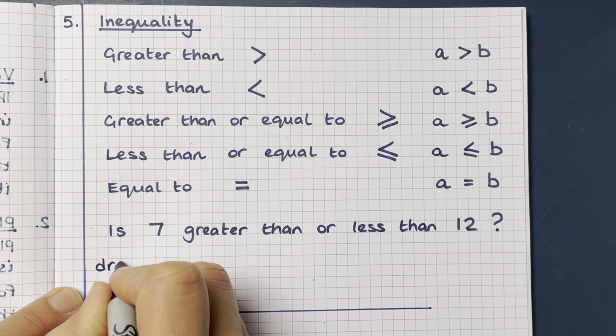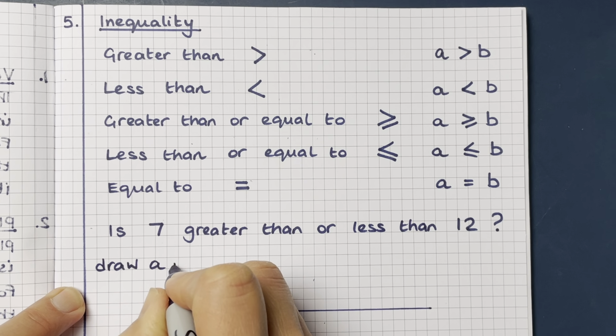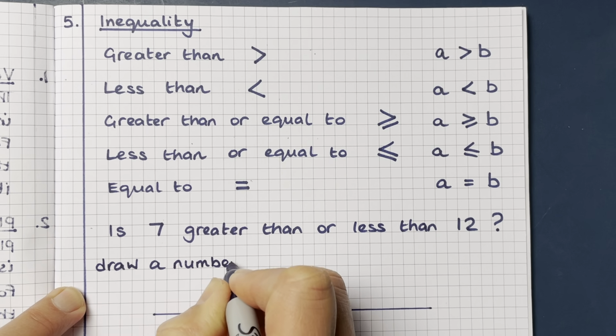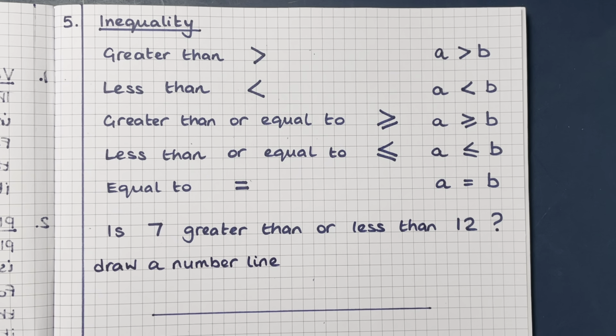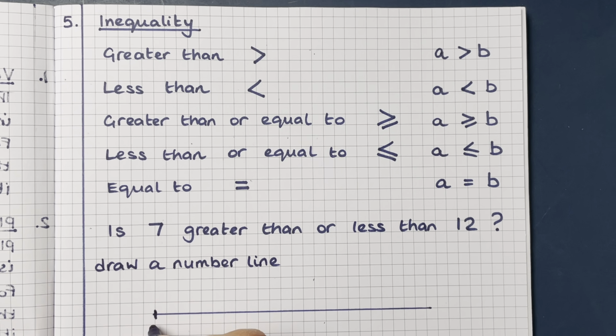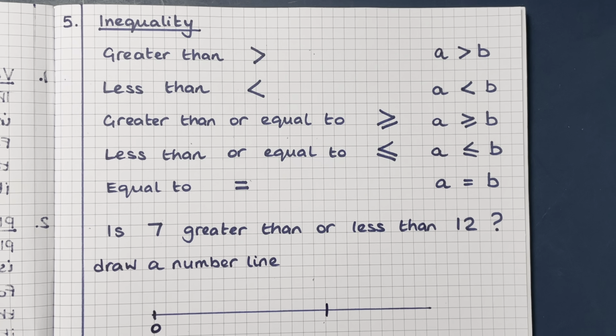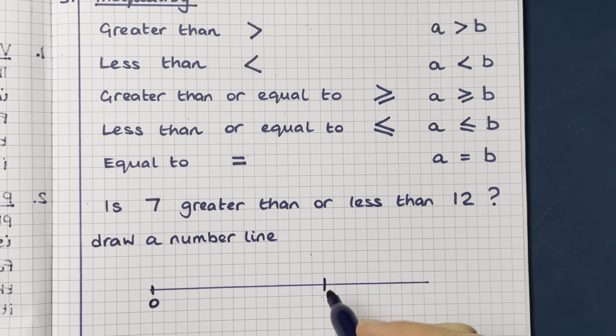It doesn't have to be drawn to scale. It can just be a rough sketch. So I'm just going to put a 0 here. I'm going to put a 7 here, but I haven't counted. It's not exact. And I'm going to put 12 here.